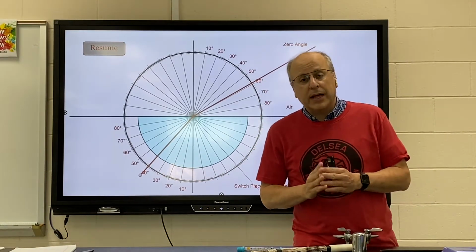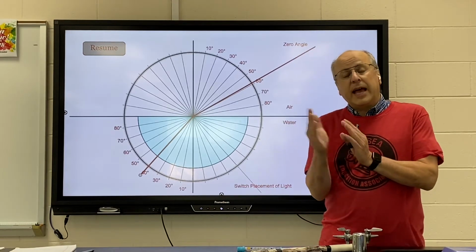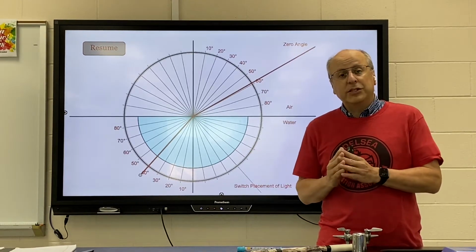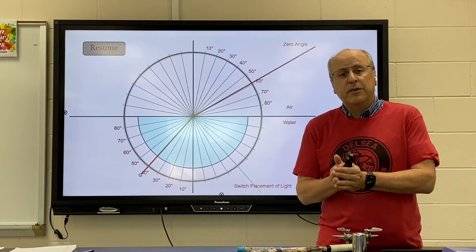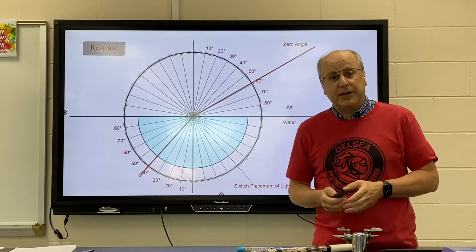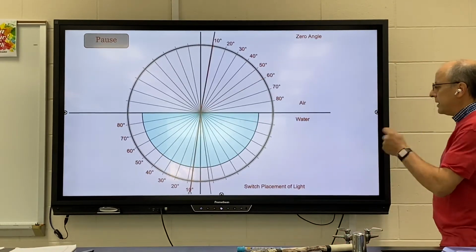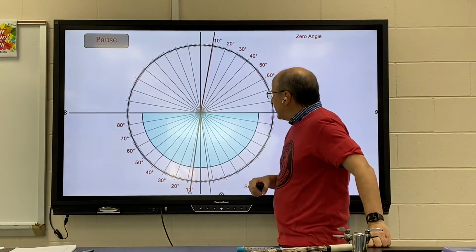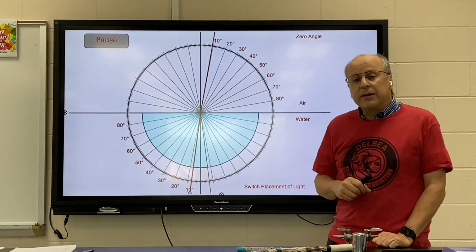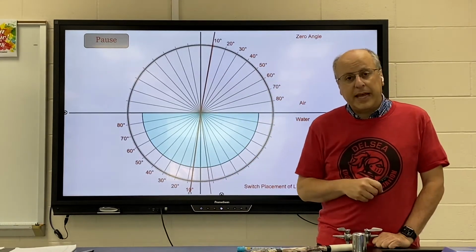I hope you realize right away that since the angles are getting bigger, we're eventually going to reach a point where the angle gets too big for it to actually leave the material. So let's take a look. We're going to start with an incident angle of about 7, and we get a refracted angle of almost 10.